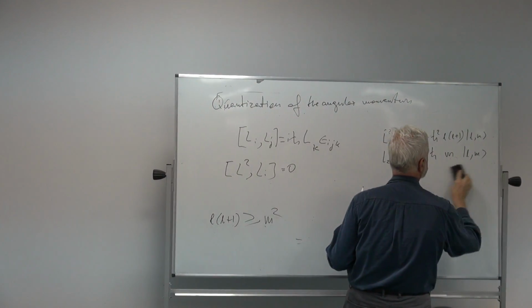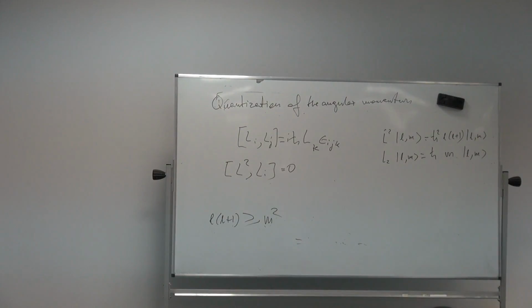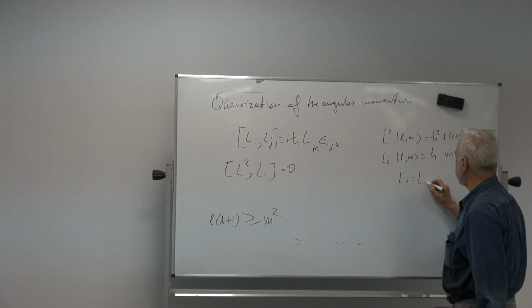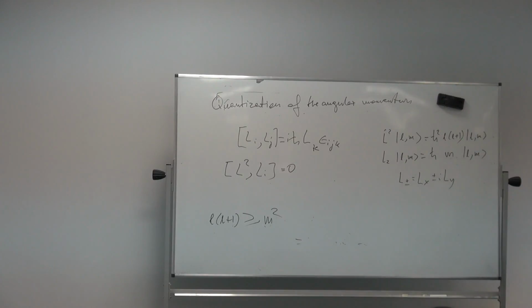So now comes this famous trick. Namely, we introduce two additional operators. We introduce L plus and L minus, and they are combinations of Lx and Ly, with plus and minus I. Because of this I, obviously L plus and L minus are not Hermitian.